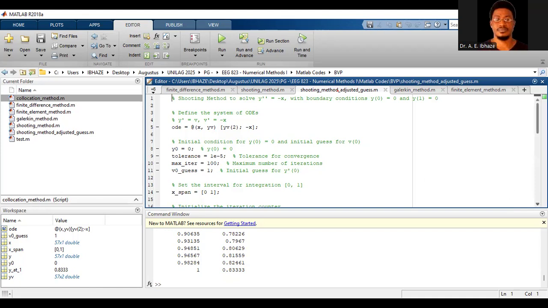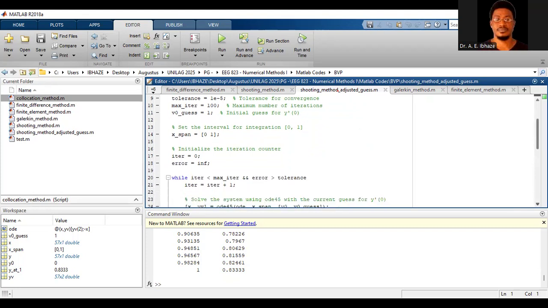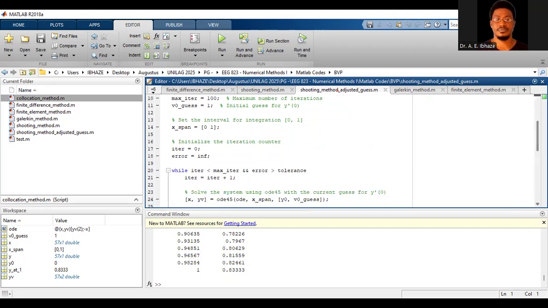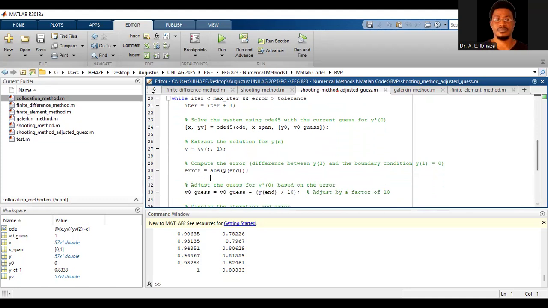In this case, we now have to initialize the iteration counter. And then with the while loop, we're able to resolve that and then solve, and then map the error value by calculating the estimated value. And then we adjusted the guess for our boundary conditions.